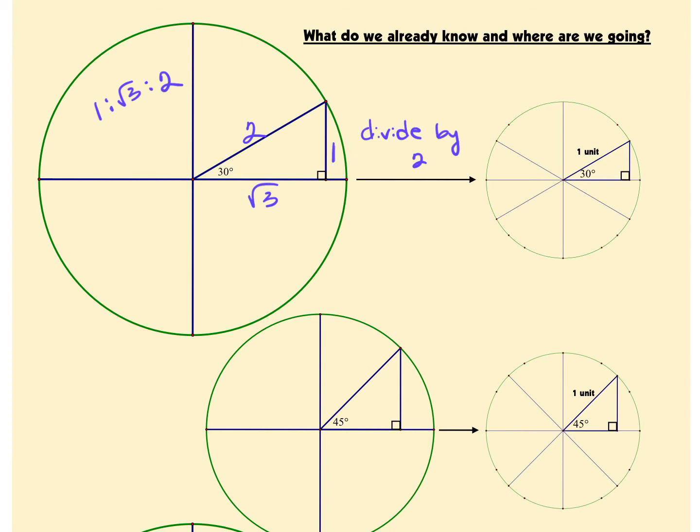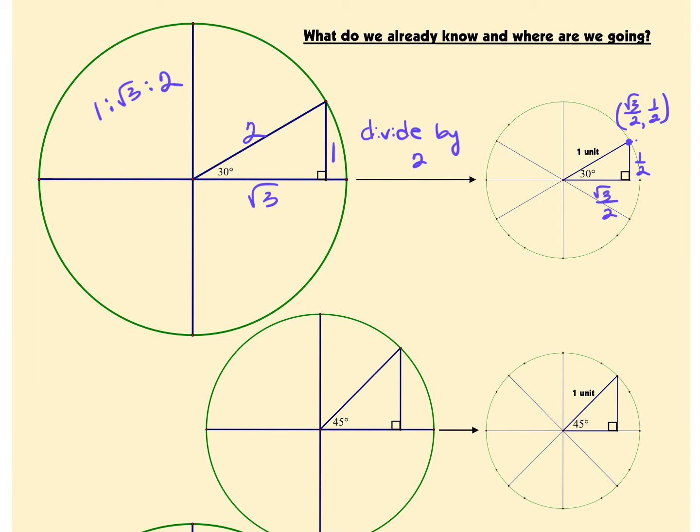But that's going to make the other sides in this triangle a radical 3 over 2, and then a 1/2. What that's going to become in our unit circle is this nice ordered pair here: square root of 3 over 2, up 1/2. This ordered pair is going to become a key ordered pair in our unit circle.